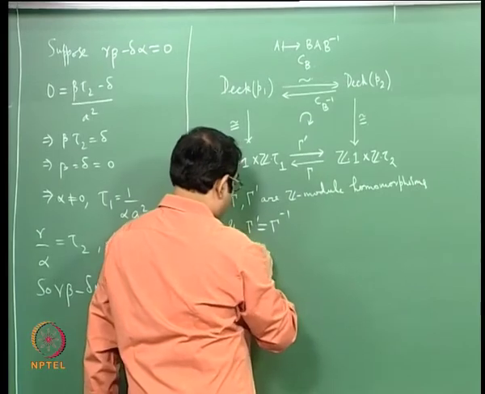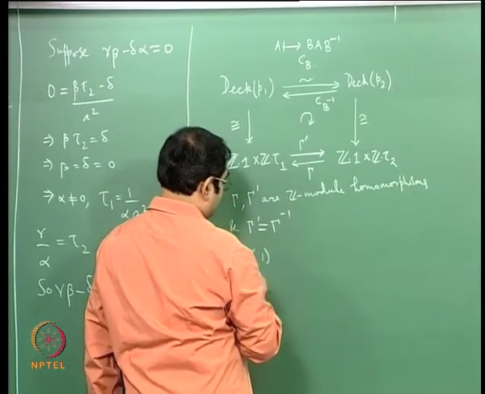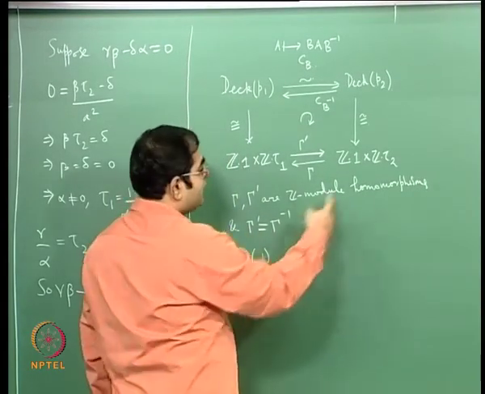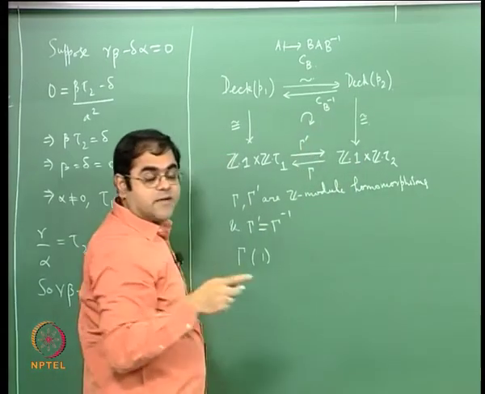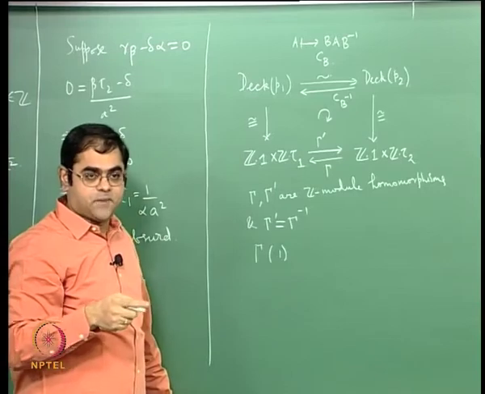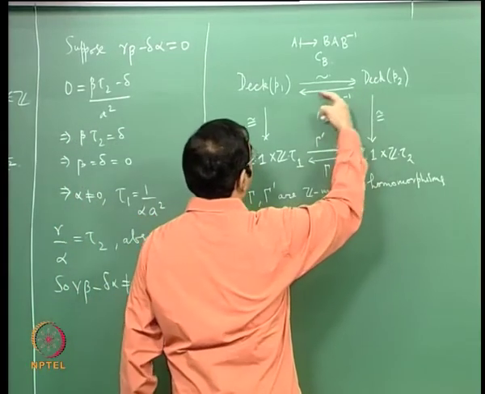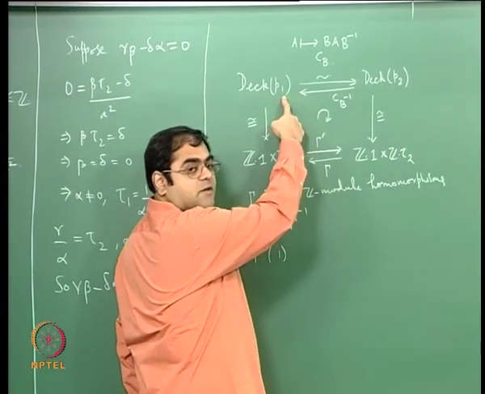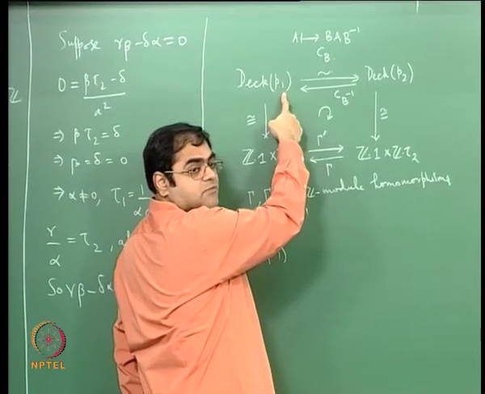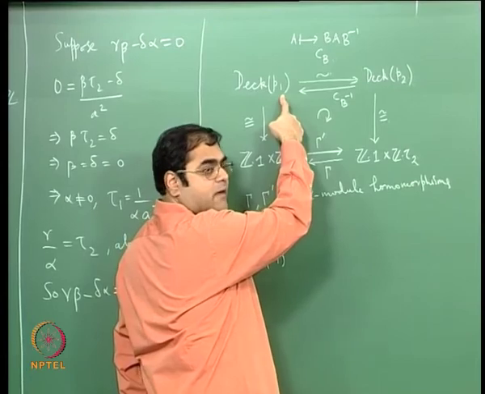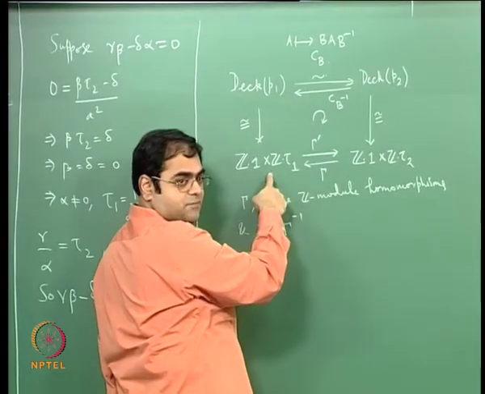I need to know where gamma of 1 goes to. Take the element 1 here. This element 1 is identified with the transformation z going to z plus 1, and that transformation will go to B inverse · (z going to z plus 1) · B, and then I am going to identify it with this.